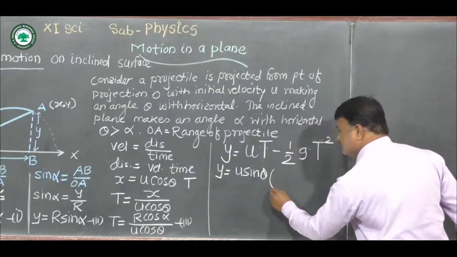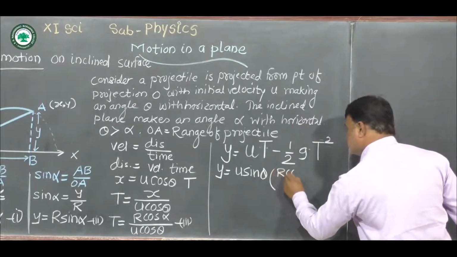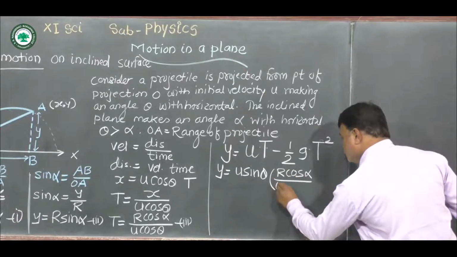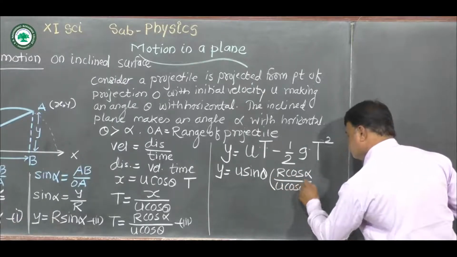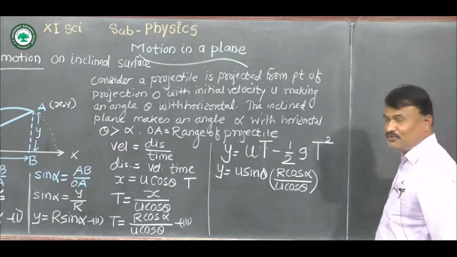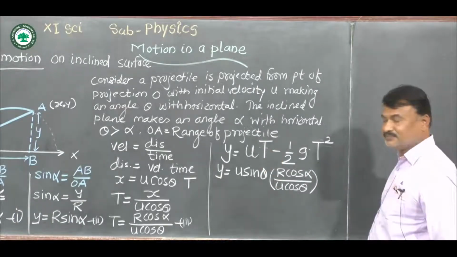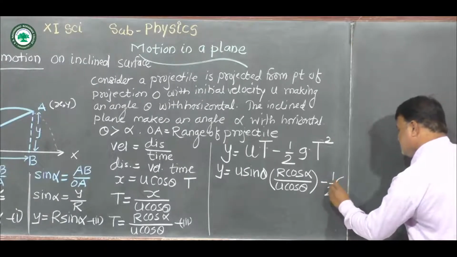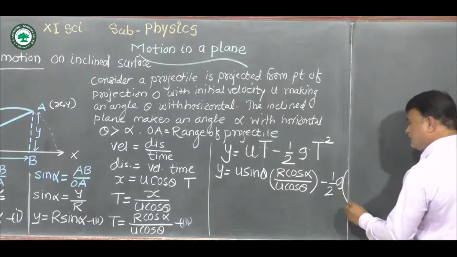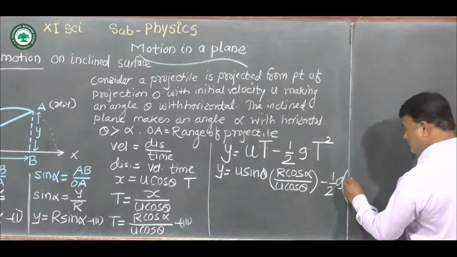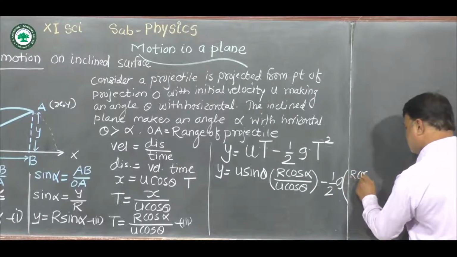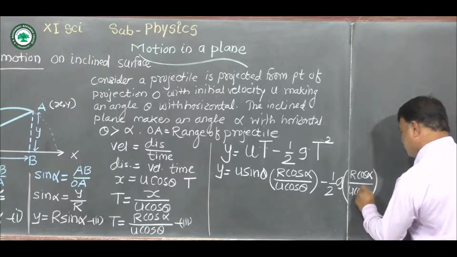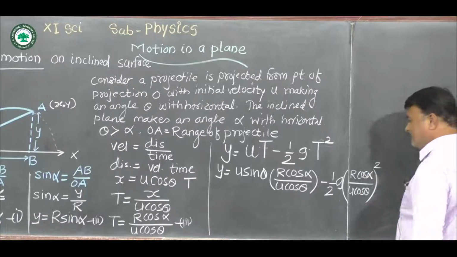So we write here r cos alpha upon u cos theta. We substitute the value of capital T, minus half g into, again we substitute the value of T, r cos alpha upon u cos theta, and square of this bracket.